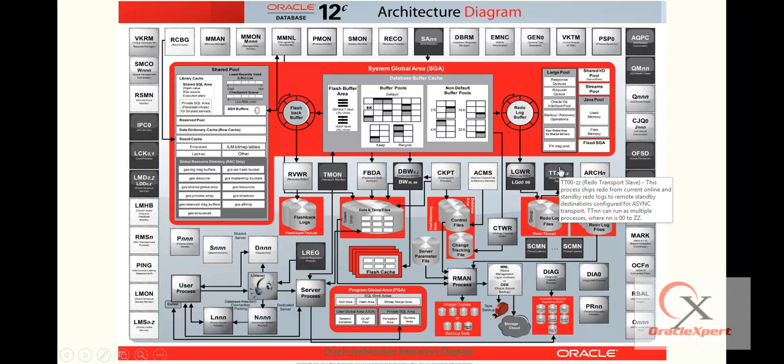LGWR cannot reuse and overwrite an online redo log group until it has been archived. The database starts multiple archiver processes as needed to ensure that the archiving of filled online redo log groups does not fall behind.